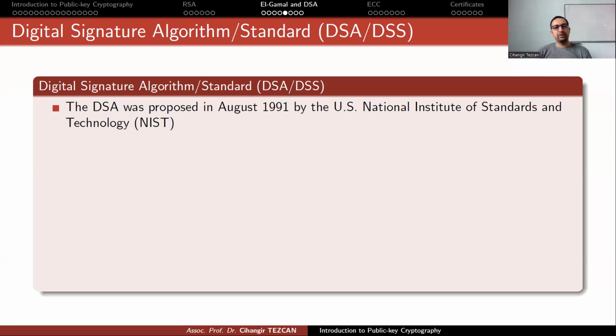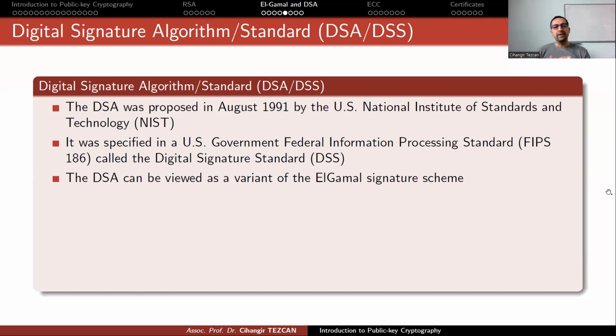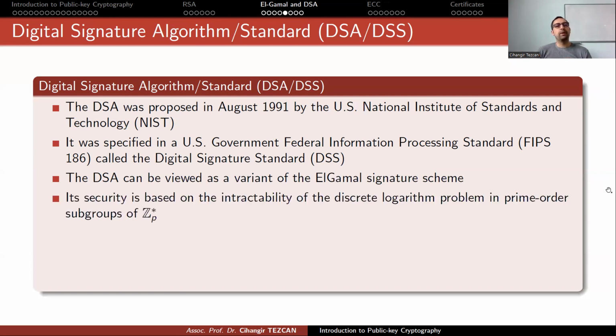So DSA was proposed in August 1991 by the US National Institute of Standards and Technology. It was specified in a US government Federal Information Processing Standard, FIPS, called the Digital Signature Standard. The DSA can be viewed as a variant of the El-Gamal signature scheme. Its security is based on the intractability of the discrete logarithm problem in prime order subgroups of Z_p star.